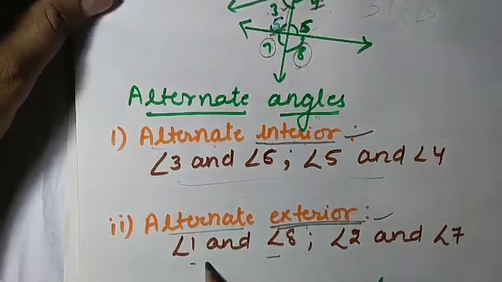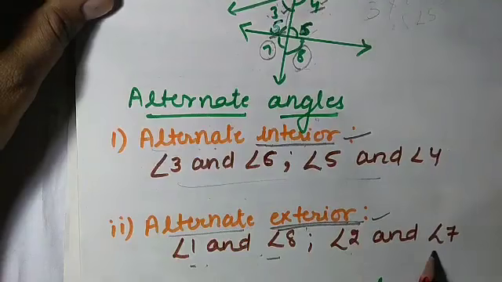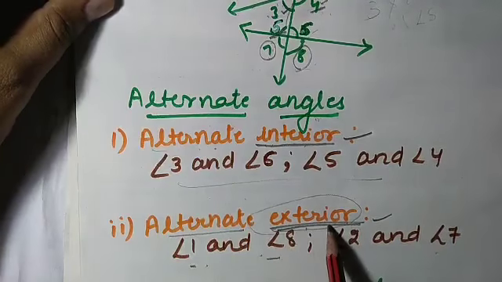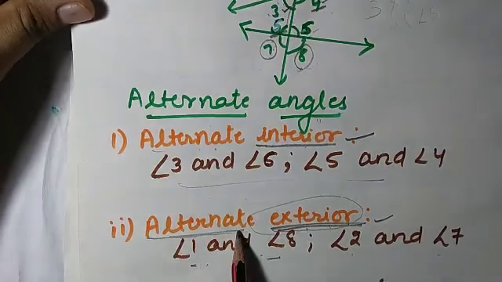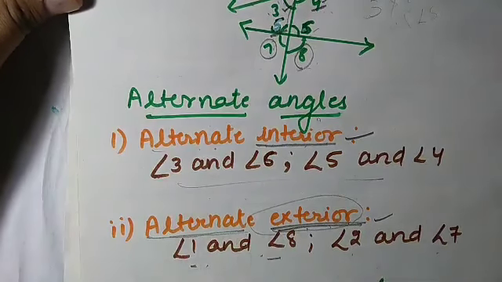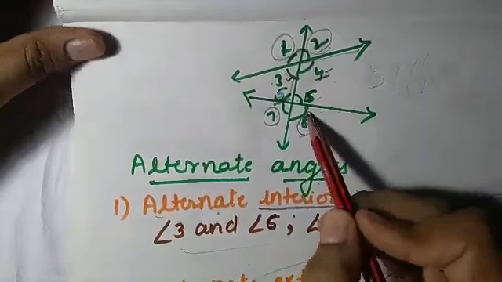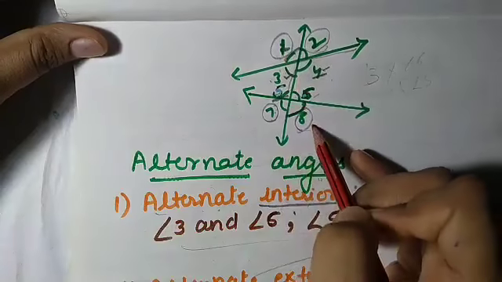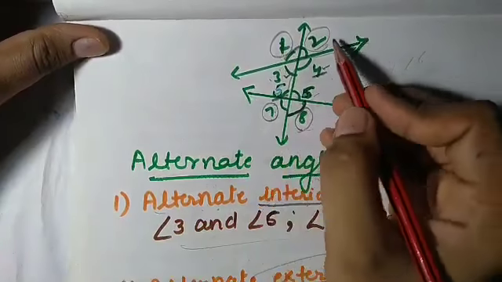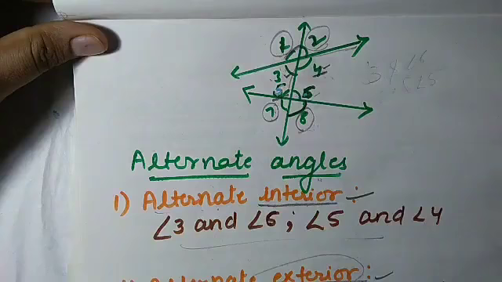These are known as alternate exterior angles. Exterior means outside the lines, and alternate means opposite to the transversal line. Here 8 is just opposite to 1, so they are alternate exterior, and 7 is just opposite to 2, so it is alternate exterior.